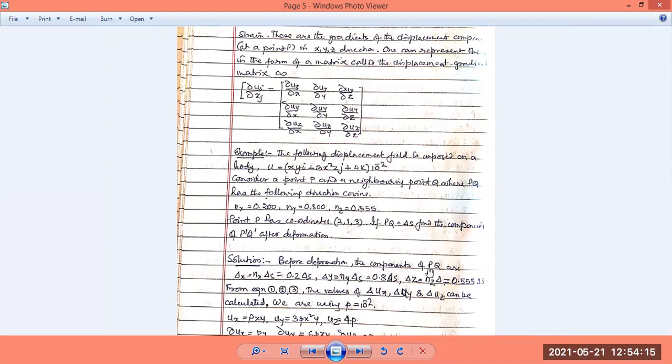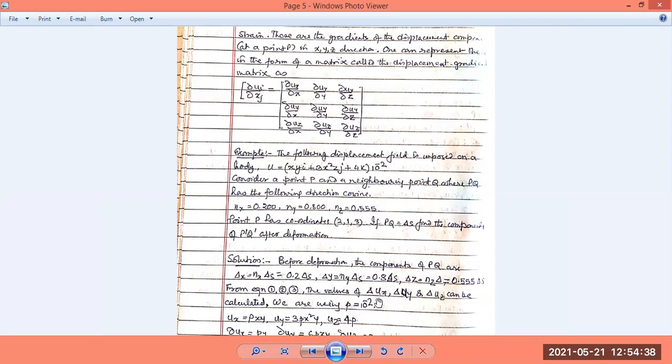Before the deformation, the components of PQ are nx multiplied by delta s: delta x is 0.2 given, multiplied by delta s, delta y is 0.28 given, delta z is given, multiplied by delta s itself.